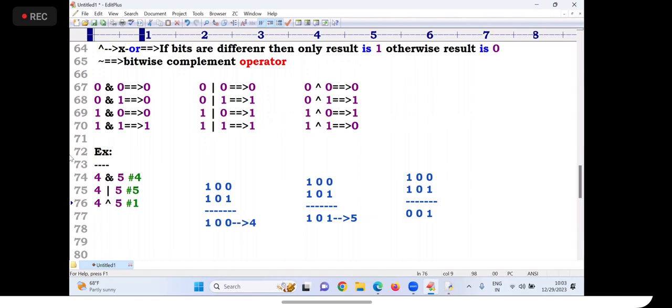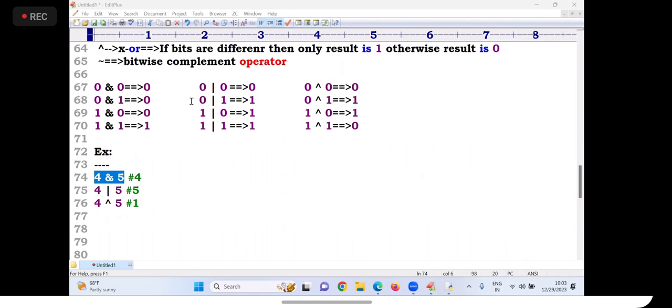So many questions you can ask like this. Everyone was telling invalid, but valid only. You have to convert the number to binary and apply these symbols. Then automatically you will get it.